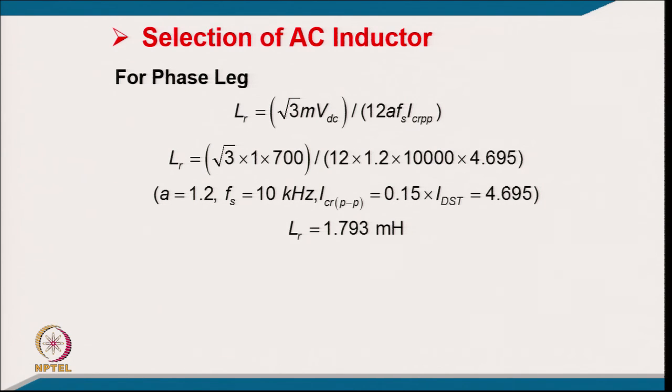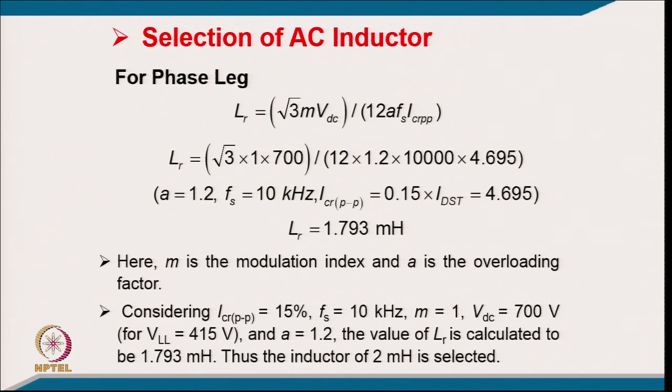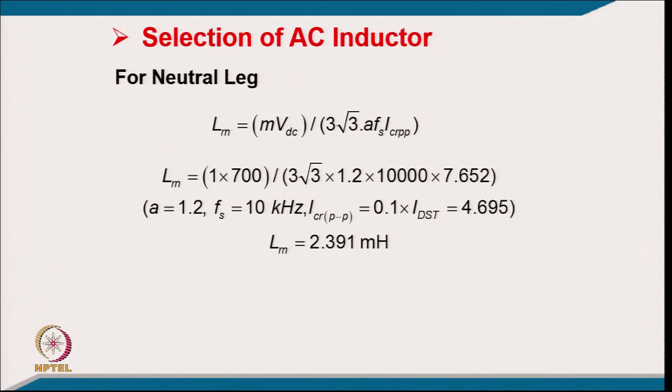Keeping the values we already considered, a 15% current ripple, you can calculate this inductance comes around 1.793 millihenry, for interfacing inductance for that leg. Here M is the modulation factor, A is 15%, switching frequency 10 kilohertz, VDC typically 700 volt and line voltage 415. So, the value comes around 1.793, and normally rounded, you can select 2 millihenry for this UPQC leg.